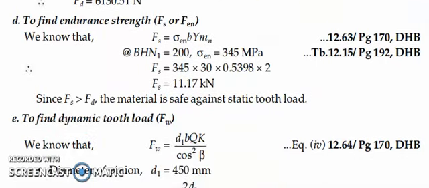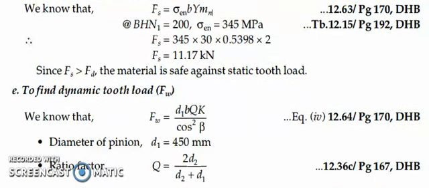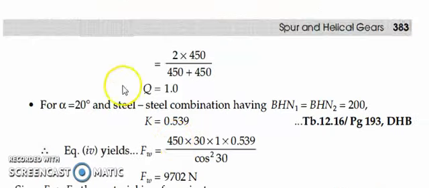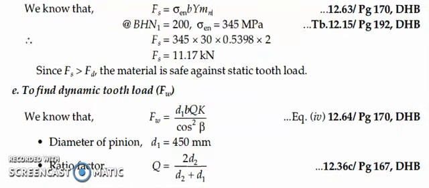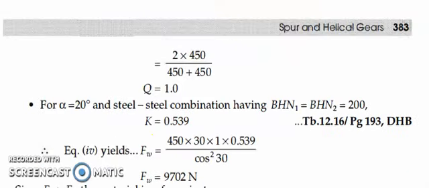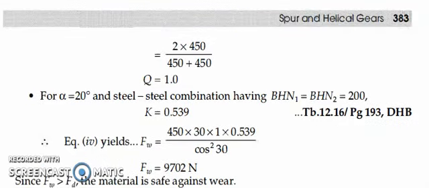Then next we can find for the dynamic wear load. Oh, some errors are here. So this one is wear load Fw. So from table 12.64 we can take the value of Fw is equal to d1 bq divided by cos square beta, and using this equation we can find the value of Fw.